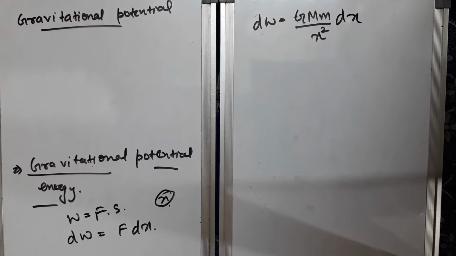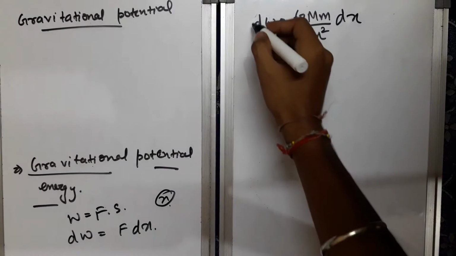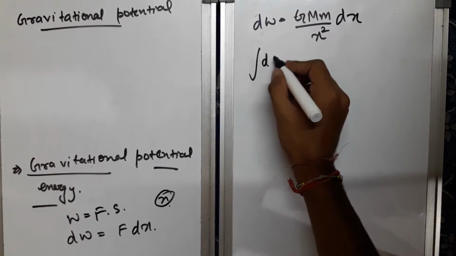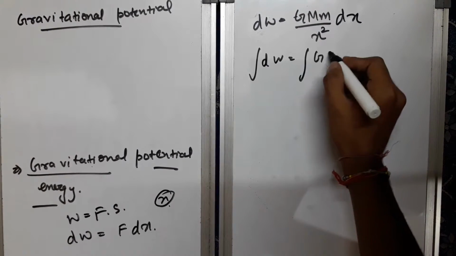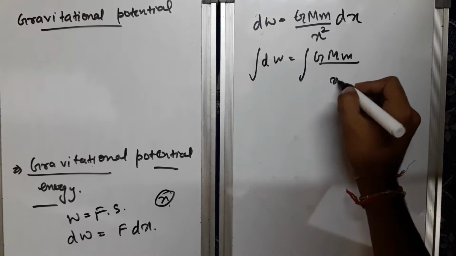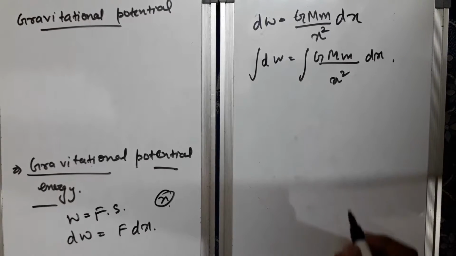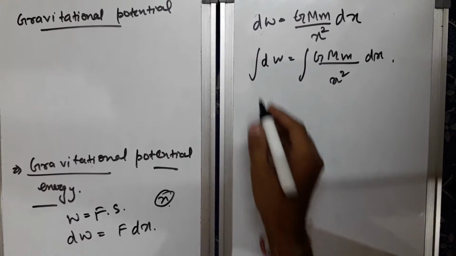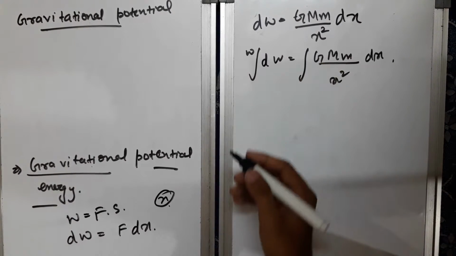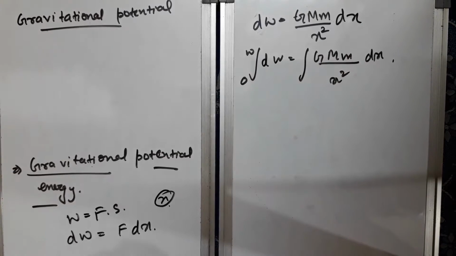As both work and displacement are small quantities, we integrate it. Applying limits here, we know that the maximum value of the work is taken as W, which is user dependent, and the minimum is 0.